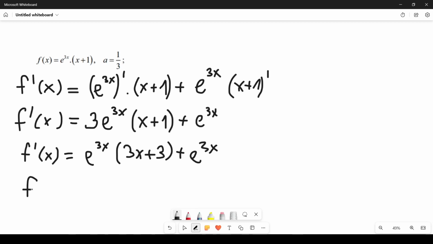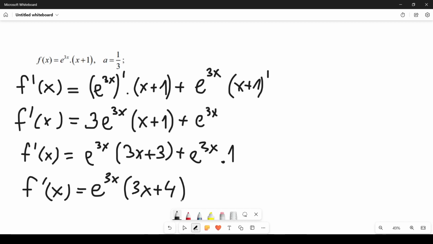And now we say that the first derivative of f is equal to e to the power of 3x times (3x plus 4), because that expression here is just simply multiplied by 1, but we don't write that down, so we write it down here, and that is 4, not 1, sorry.